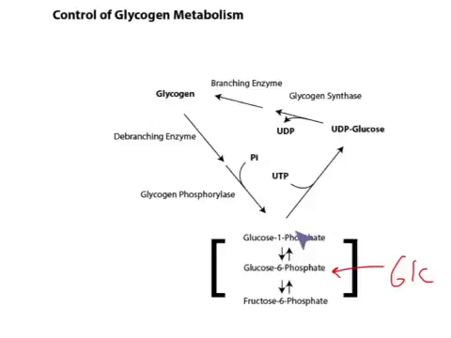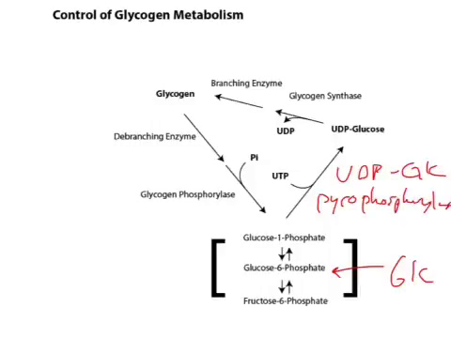It is first combined with UDP glucose using the enzyme UDP glucose pyrophosphorylase. And that is an enzyme that is named for the reverse reaction, but it essentially takes glucose 1-phosphate and makes UDP glucose out of it using a UTP.